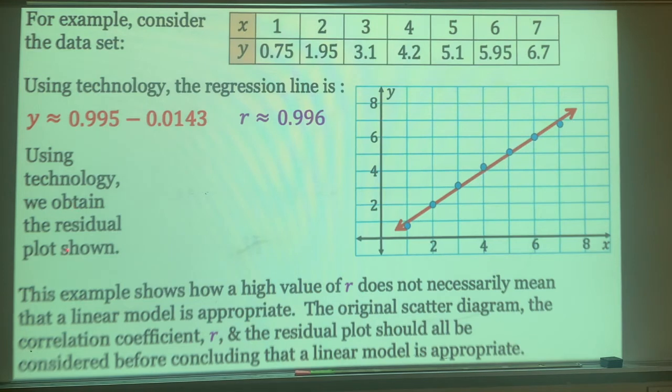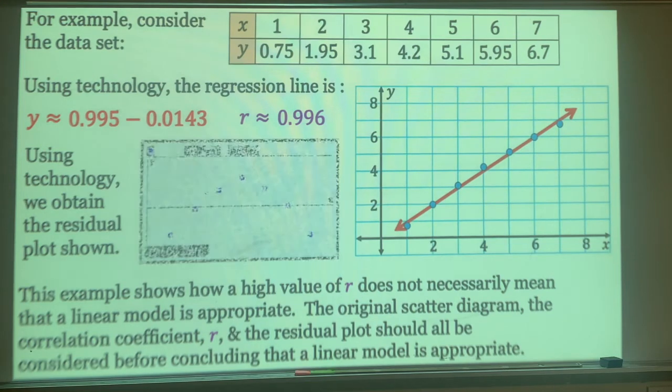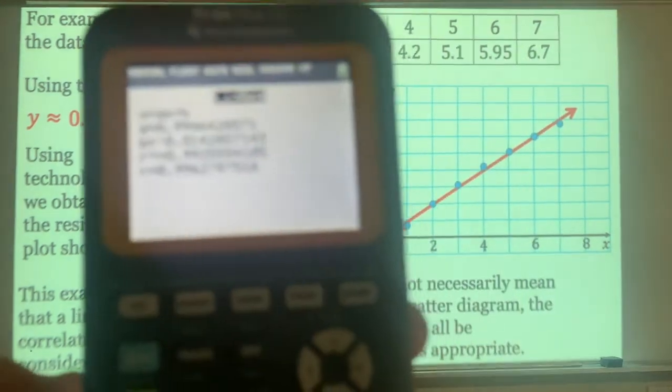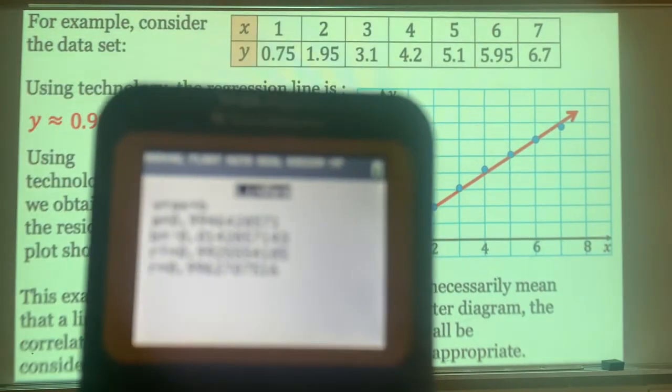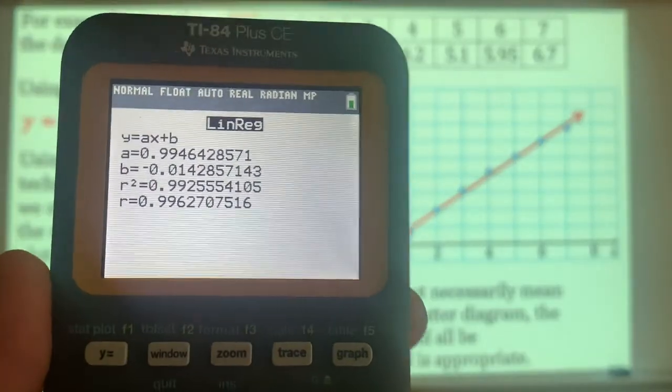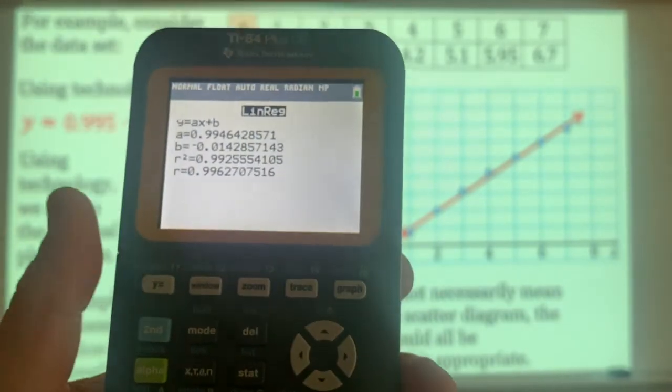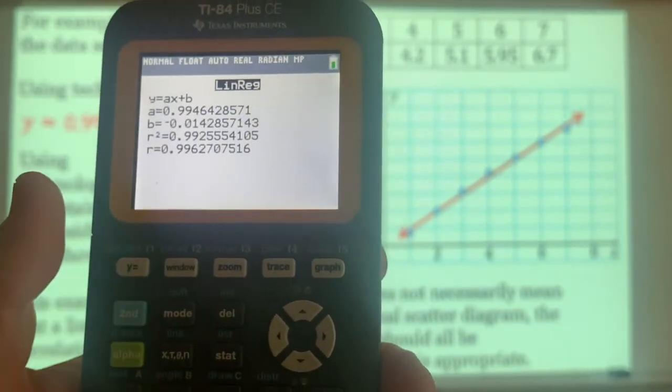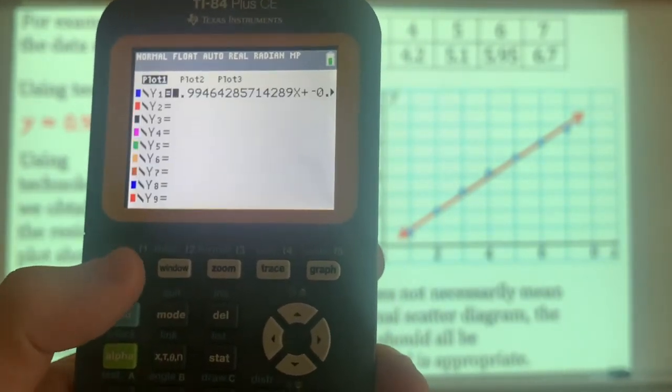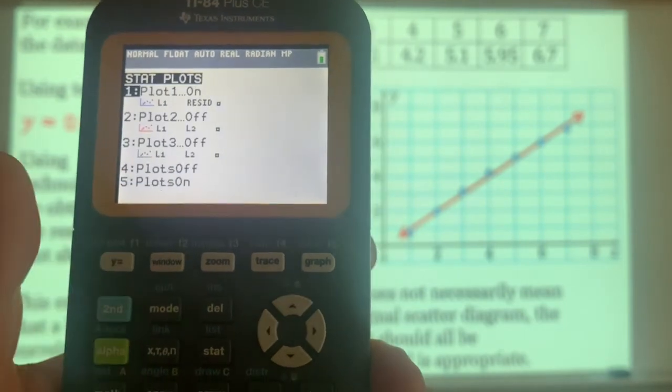Use the technology, we obtain the residual plot shown. Well, that's not the residual plot, but I can find the residual plot right there. Now, how do I do that? Well, let's check this out, because it looks like everything's on the line, but how did I get the residual plot? I took this information I got right here, and I'm going to tell you again because this is a very helpful tool. Save a lot of time. I go to y equals, second stat plot.